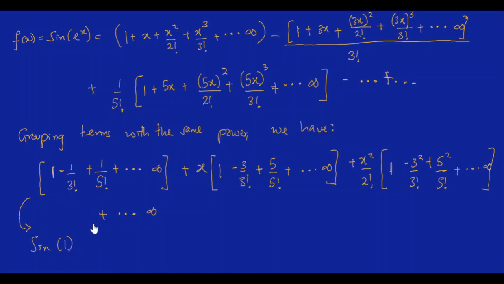Then for the terms in x, if you look at the terms in x, this can be simplified to give 1 minus 1 over 2 factorial plus 1 divided by 4 factorial plus the rest of the terms to infinity.